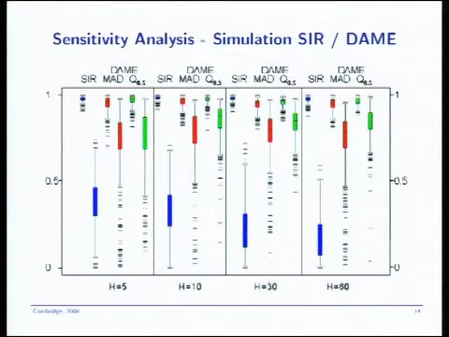So SIR is very good, as you can see, for almost all choices of numbers of slices we had been trying out. So if there is no contamination, the canonical correlation between the estimated and the true direction is fine. Okay? But if there is the contamination we have just described, then the canonical correlation is much lower. So these are the corresponding box plots, of course, of the canonical correlations.